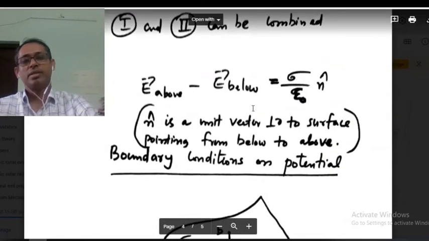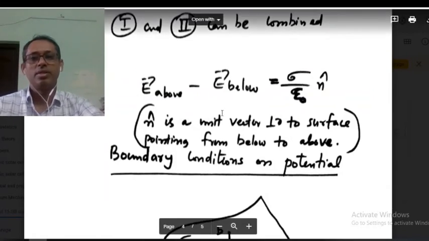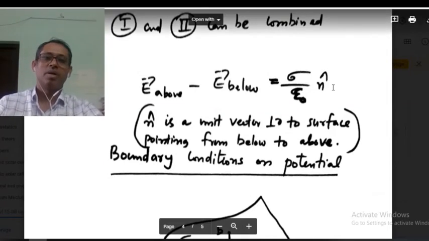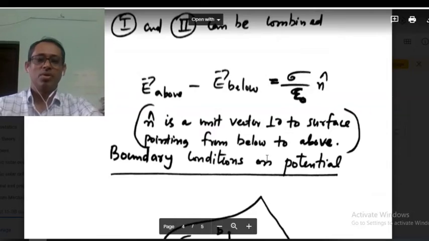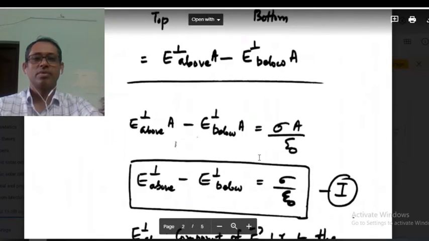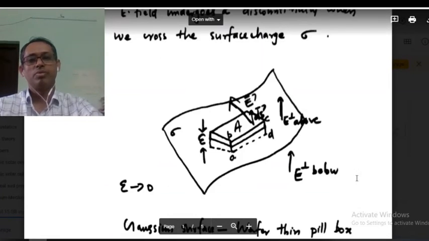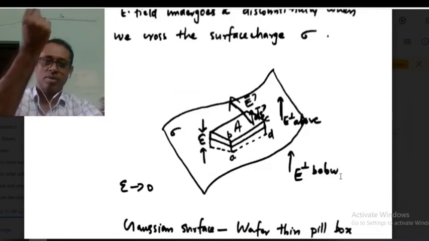We can write it in this form: E above minus E below. This is the electric field above, and this is the electric field below. That is equal to sigma by epsilon 0 n, where n is a unit vector perpendicular to the surface, pointing from below to above.